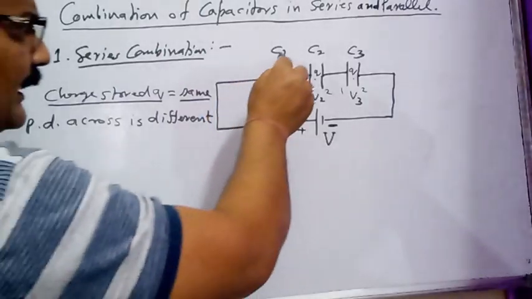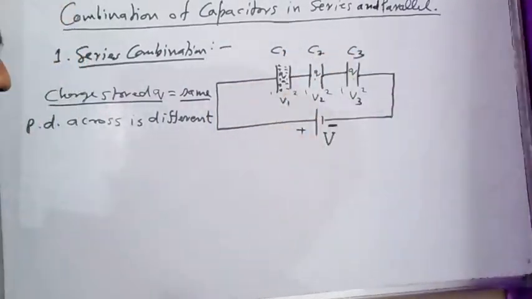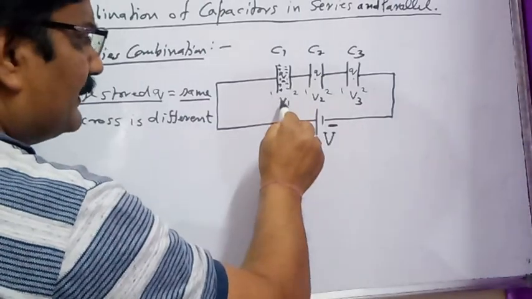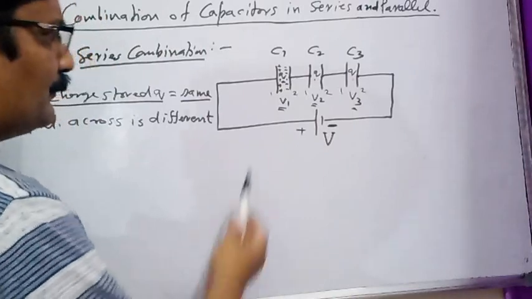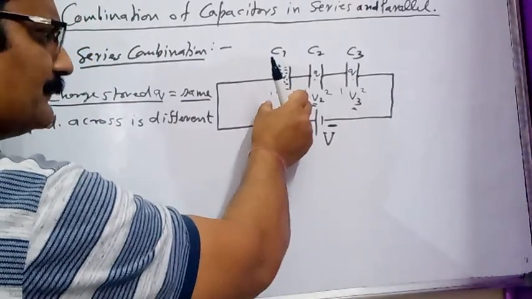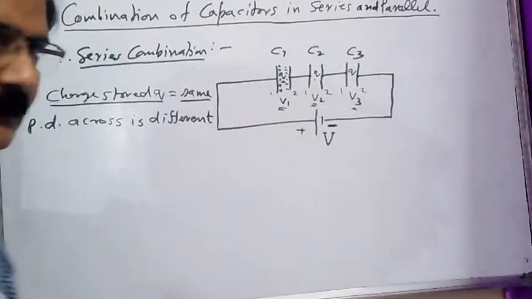But as their capacities are different, C1, C2, C3 are not equal. In that condition, the potential difference across the capacitors is going to be different. Potential difference across the first capacitor V1, across the second capacitor V2, across the third capacitor V3.